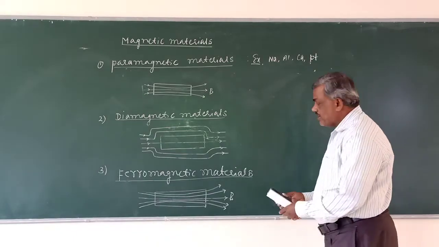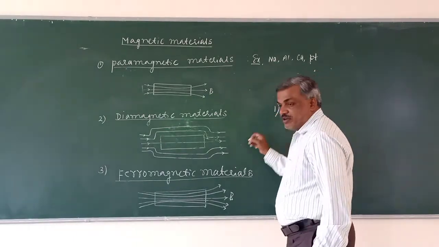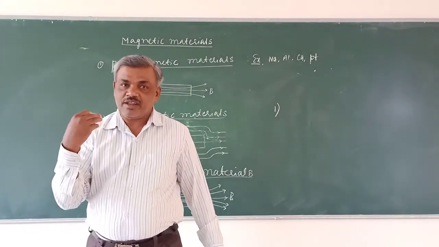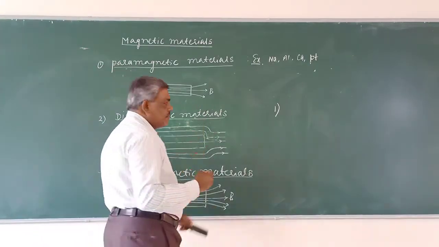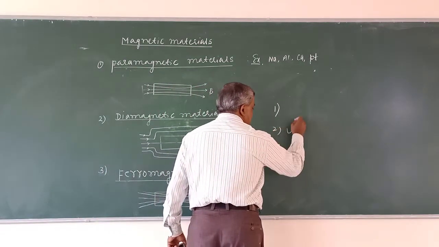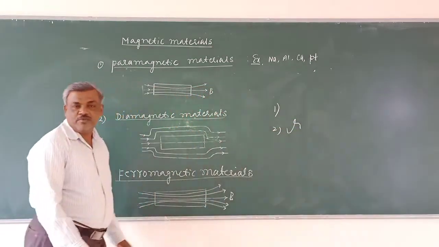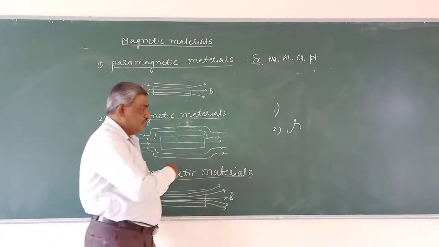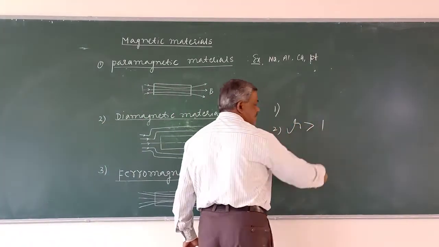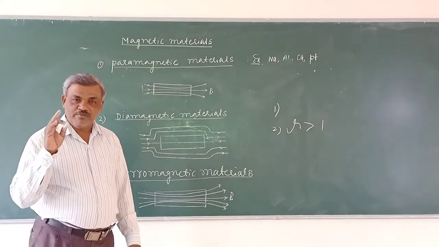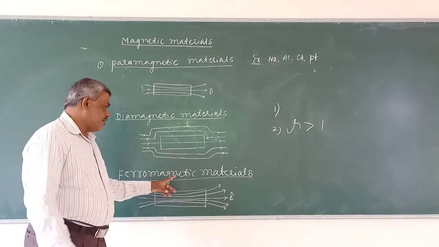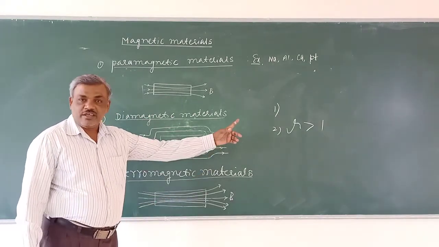The first property of ferromagnetic material: it can be strongly magnetized, strongly attracted by the magnet. Second property, permeability. Permeability of ferromagnetic material is much greater than 1.